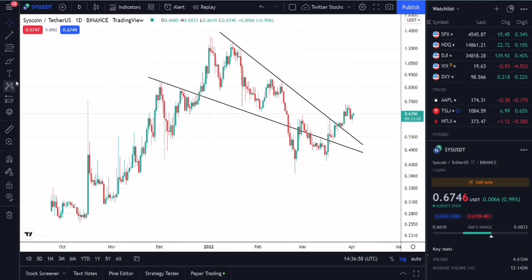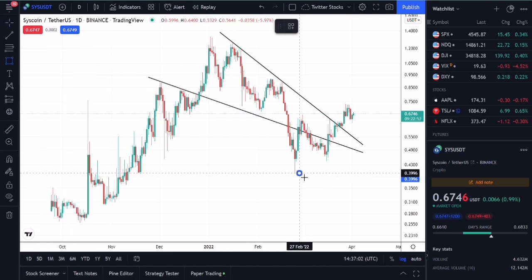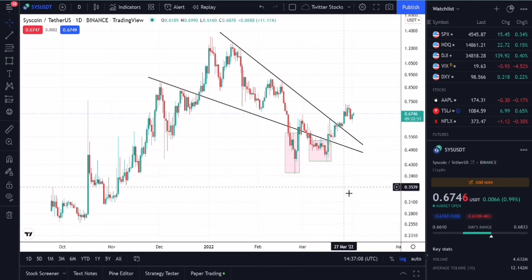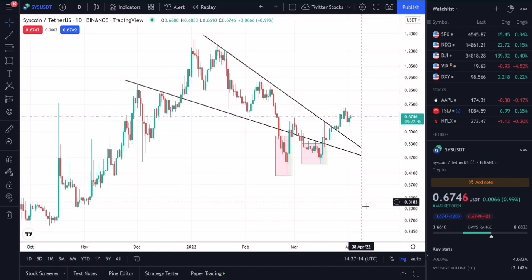One is obviously why we consider this a bullish wedge when there is obviously this sort of whipsaw on the chart. So this is the daily chart, but if you look more closely into the 3-day chart of SYSCOIN, what you would more or less see is that this is more of a shakeout than anything else.